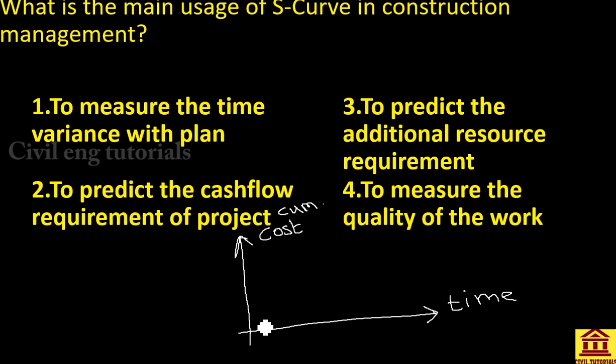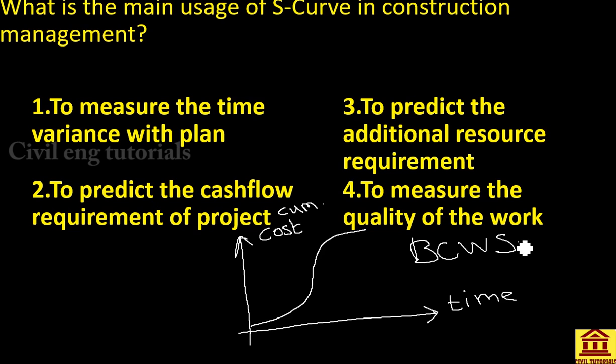So here the S-curve will be like this, defined using its shape. This is our time, and this is the cumulative amount of cost that has been spent. Normally the S-curve is defined for BCWS, budgeted cost for work scheduled.